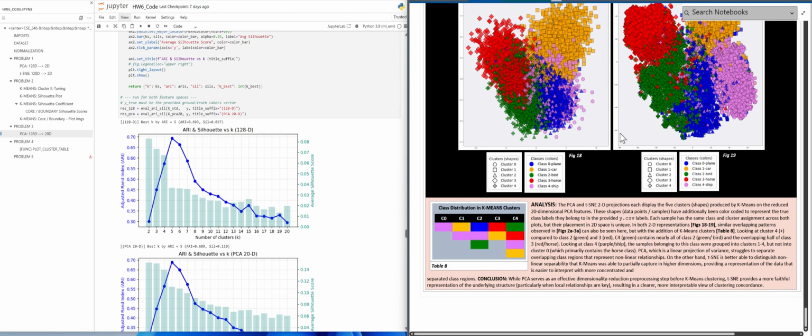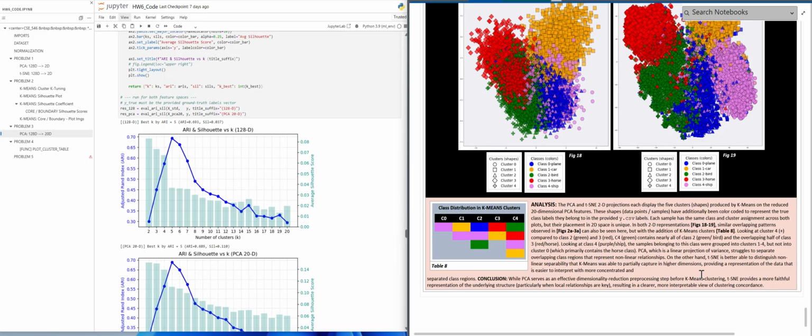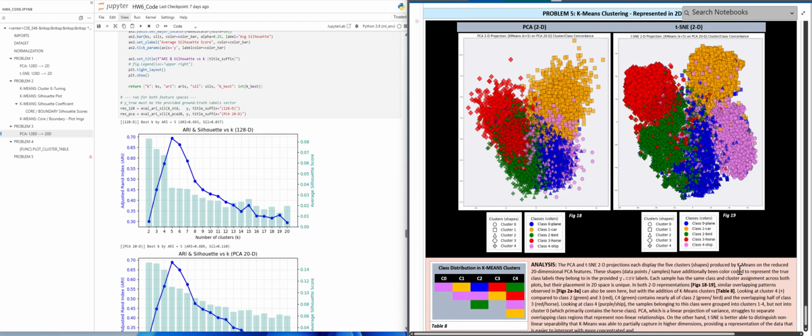The general conclusion is that PCA is really great for dimensionality reduction and passing on to supervised models, and t-SNE is really great for looking at the cluster concordance that resulted from running k-means or whatever clustering algorithm. It's not technically a projection for t-SNE, but I think people refer to it like that.